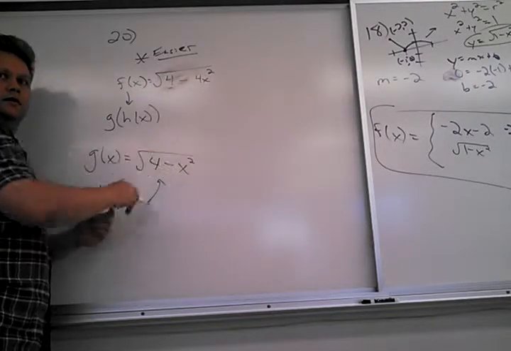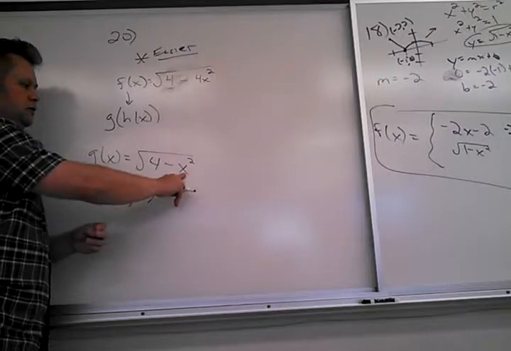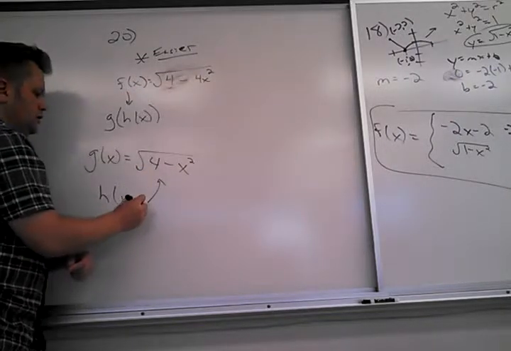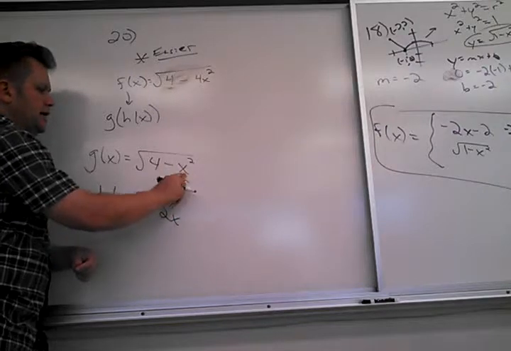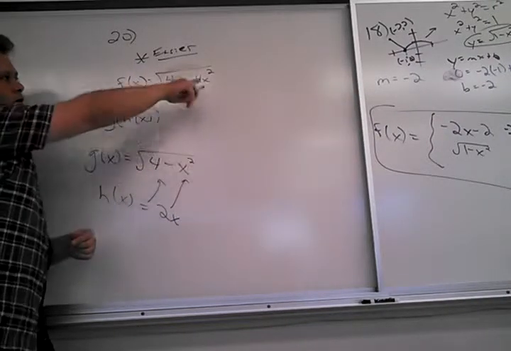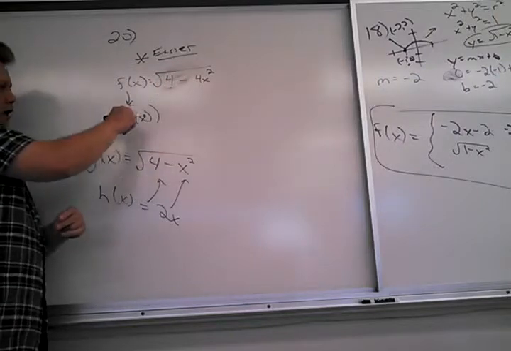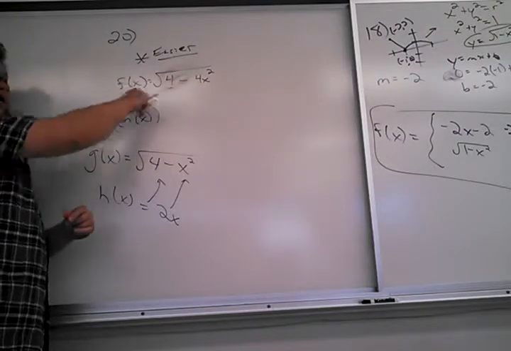No, 4 squared is 16. Try again. 2x. All right, so if h of x is 2x, if you plug that in here, 2x squared is 4x squared. And there you go. So h plugged into g gives me this f.